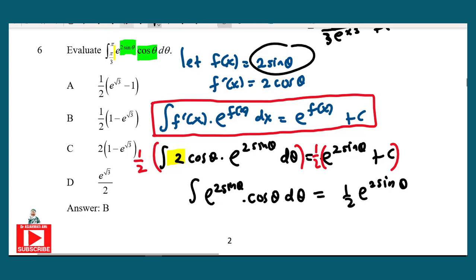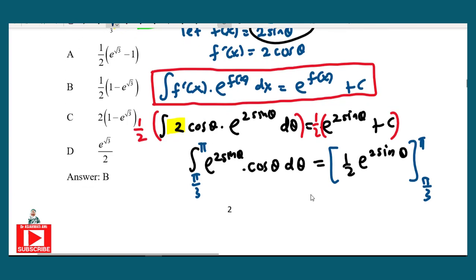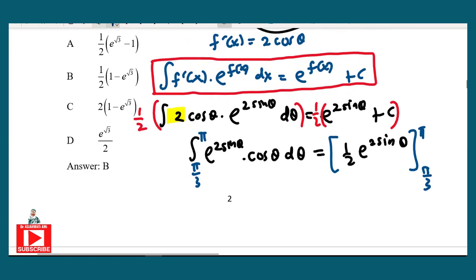Then given the lower limit and upper limit, pi over 3 and pi, substitute the values. Next step, substitute the value pi here: half e power 2 sin pi, minus half e power 2 sin pi over 3.